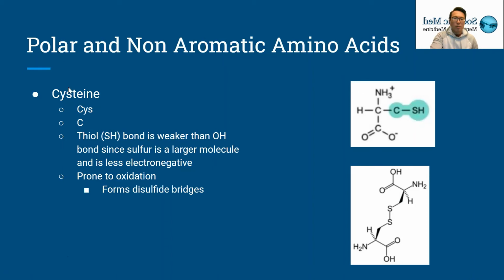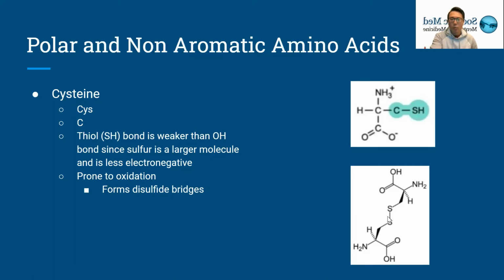But cysteine is interesting because it can form disulfide bridges. When you have two cysteines close to each other, they can form cystine, which is the result of the disulfide bridge. At the bottom, you can see two cysteines combined together and the two sulfurs bond to each other.